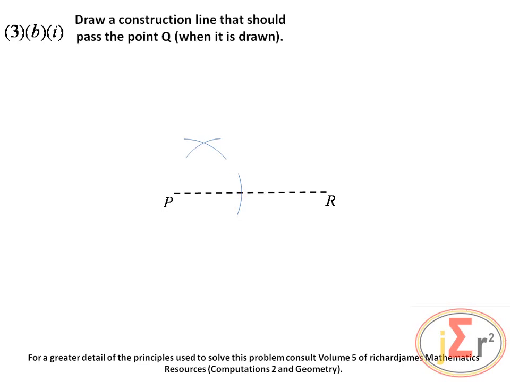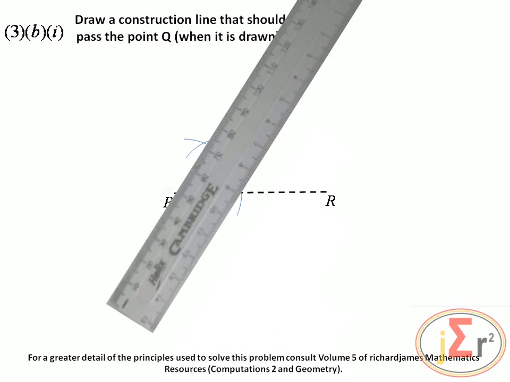We are going to draw a construction line that should pass the point P when the diagram is completed. So there's our construction line. Right.